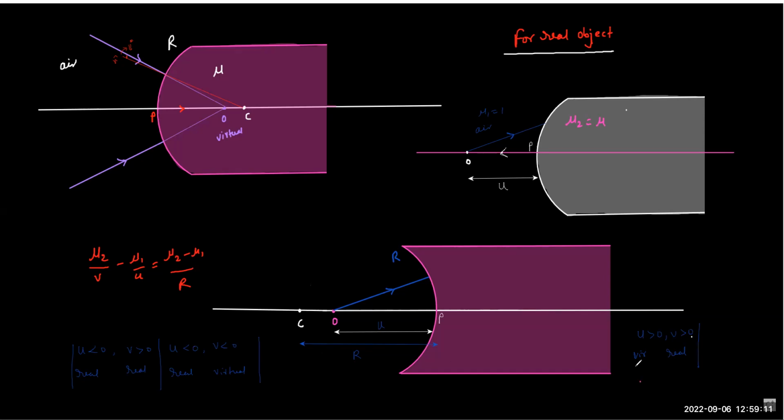In this case, u is positive, so the object is virtual, v is positive, and the image is a real image. Both are positive. Now imagine if u is positive and v is negative. Now what does it mean? Object is virtual and image is also virtual. So look at the virtual.